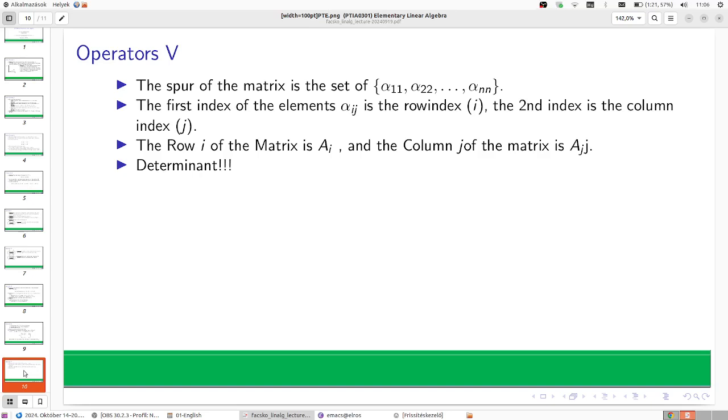Then multiply this number with this number, then this number and this number, and this number and this number.